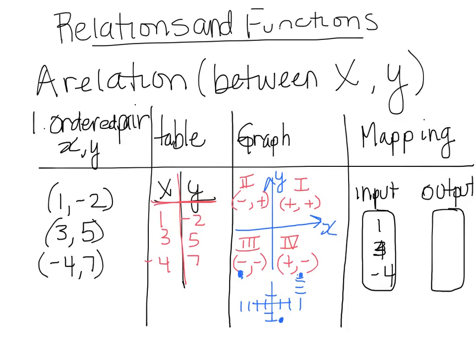I'll mix it up to show you what you can do. Maybe I wrote it this way, just to be different. And we map how the input relates to the output. When x is 1, y is negative 2, so you map it with an arrow. When x is 3, y is 5. It doesn't have to line up side by side like in ordered pairs. And negative 4 and 7. So that would be a mapping.